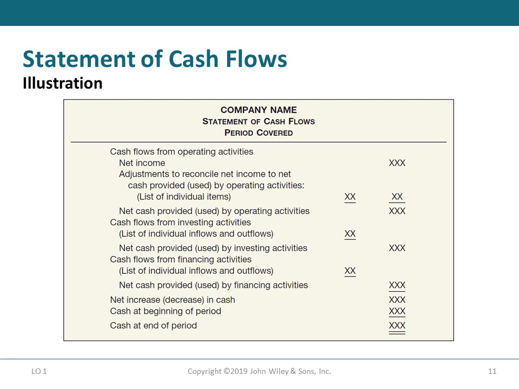Also, we have cash flow from investing activities. We have a list of cash inflows and cash outflows, to reach the net cash provided or used by investing activities. The third section is cash flow from financing activities. Also, we have a list of items to end up with net cash provided or used by financing activities.